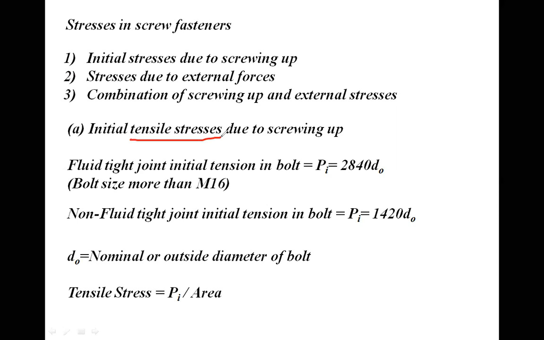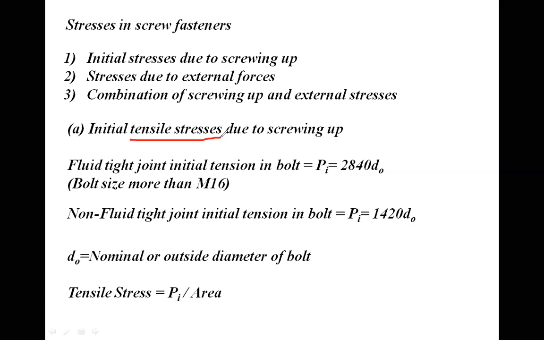For example, the cover of any fluid tight joint, like the cover of a steam pipeline, or the cover of a boiler, or a cover on oil flow pipelines. There should not be any leakage.